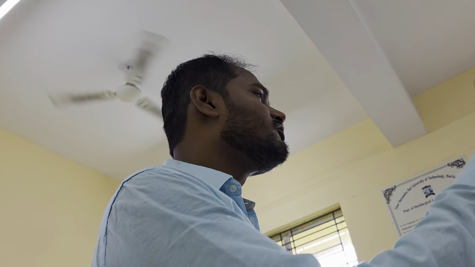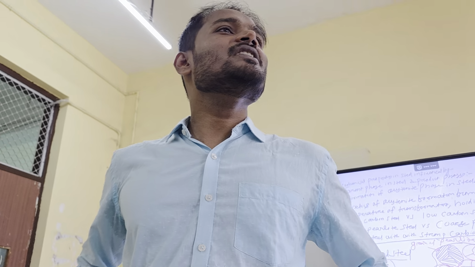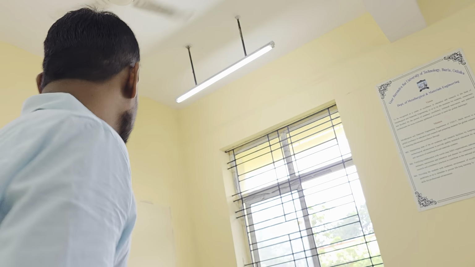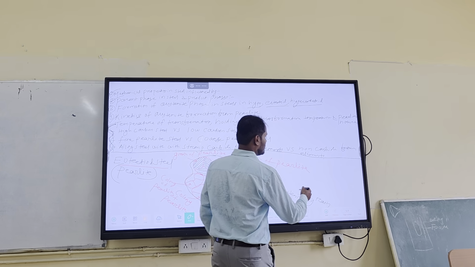That means if you have coarse pearlitic structure, it is ductile. If you have fine pearlitic structure, it is stronger, harder. Right? Why? Now the question is why? Yeah, that is right, because the spacing is less. So that means, just imagine a situation here.